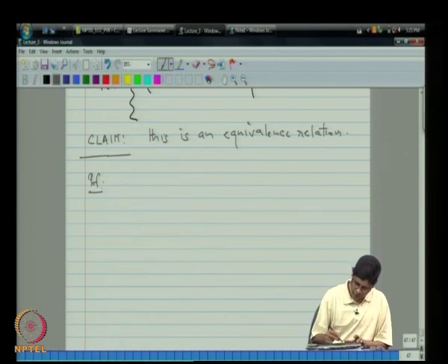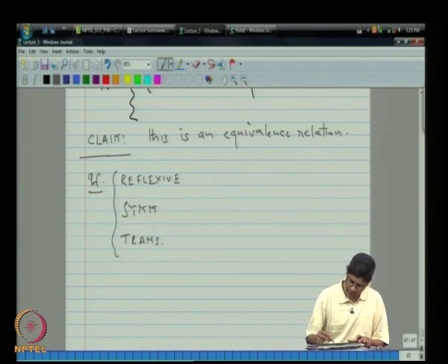Now, we have to show that the reflexive, the symmetry and the transitive properties hold. So, is A equivalent to A?